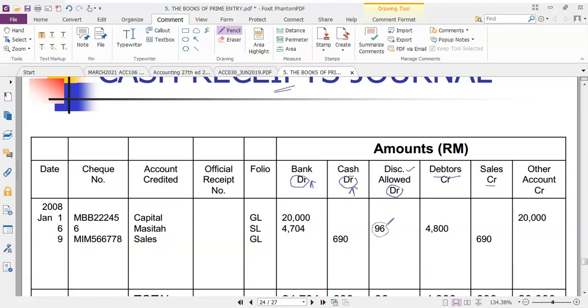Kita bagi dia discount and then debtors dia bayar pada kita 4,800, tapi yang masuk hanya 4704 because of discount allowed. And then ada lagi sales kita, cash sales. Teruslah masuk credit sales, debit cash.